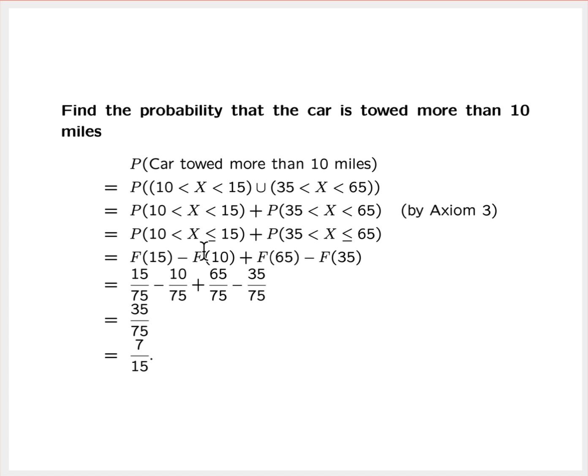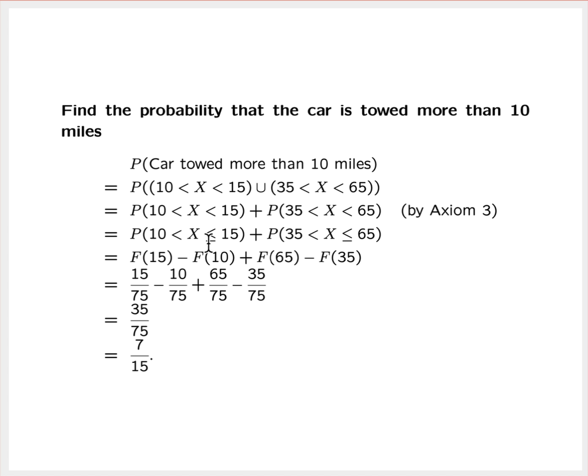You cannot do this with a discrete random variable, because changing the inequality from strictly less than to less than or equal to can change the probability, but it's not going to change the probability when we're dealing with a continuous random variable. So it's perfectly acceptable to change that inequality here.